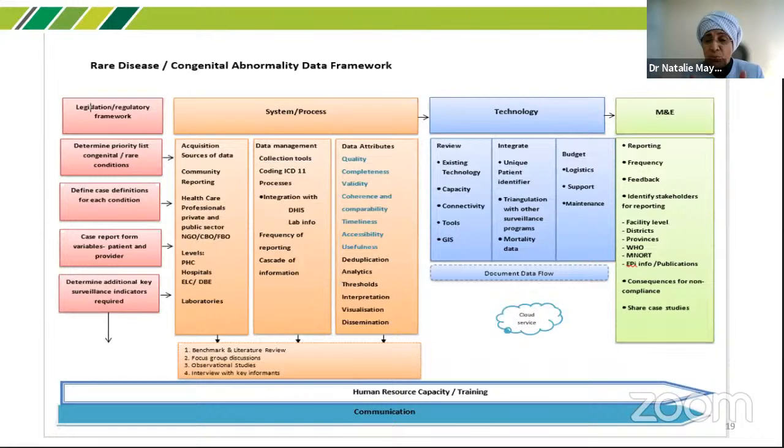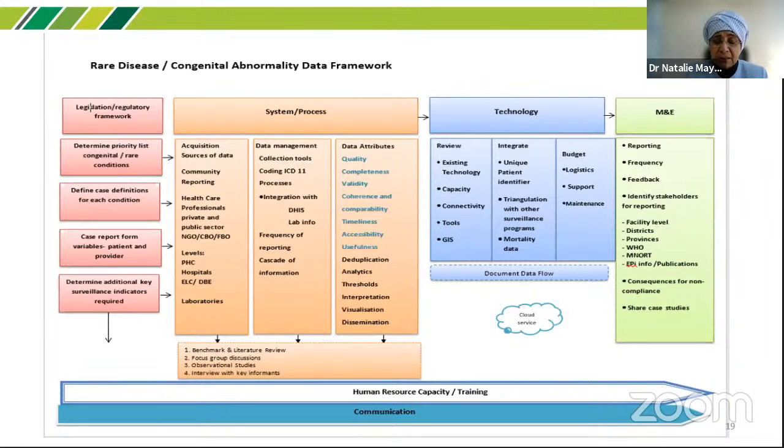The technology is one limb and an important limb, but we have to review what's the existing technology, what's the capacity, and connectivity issues. We have situations now where in the Western Cape, if you're on one side of the mountain, you can transmit data, and if you're on the other side of the mountain, you can't. What's the GIS platform that we're going to use to plot all of this data? And how do we integrate it with other systems, triangulate it with other systems that are in place?